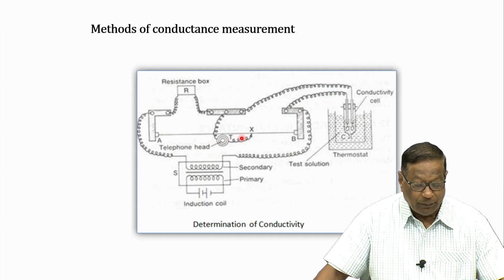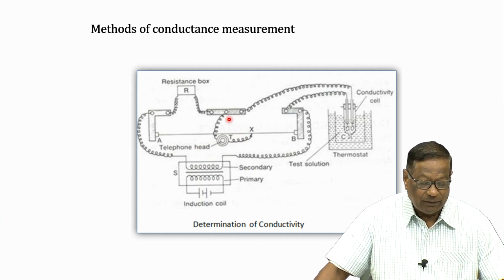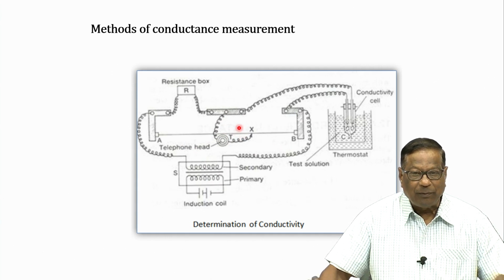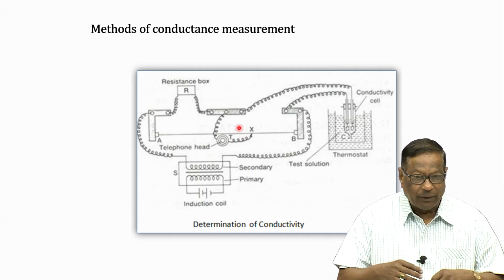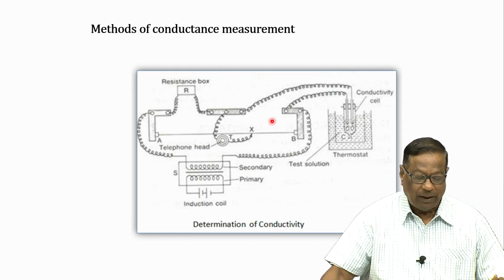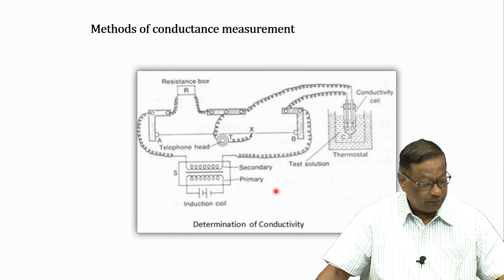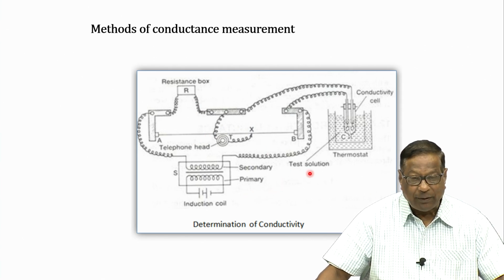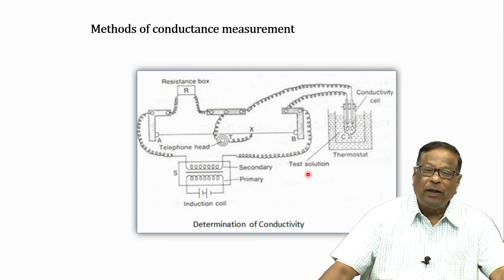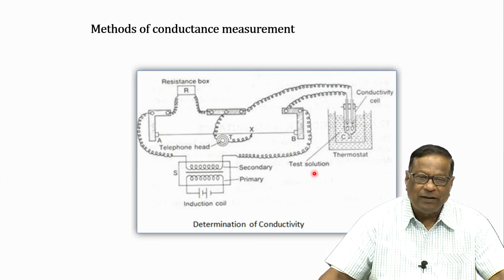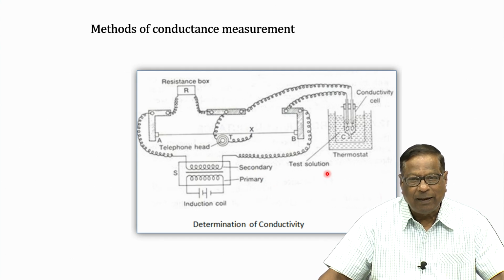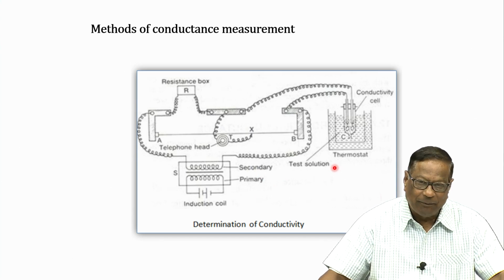Sometimes sound measurements can also be heard through the headphones, and then I have a resistance box. So, this is how determination is made. Nowadays, there are a lot of analog equipments as well as digital data that can show you conductance directly.